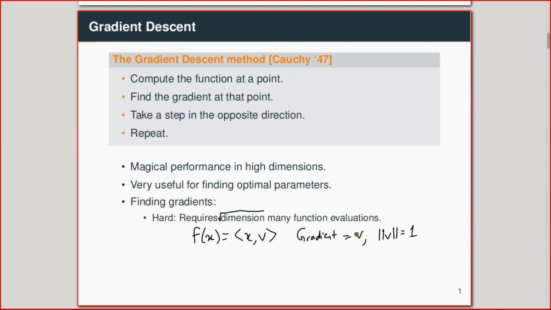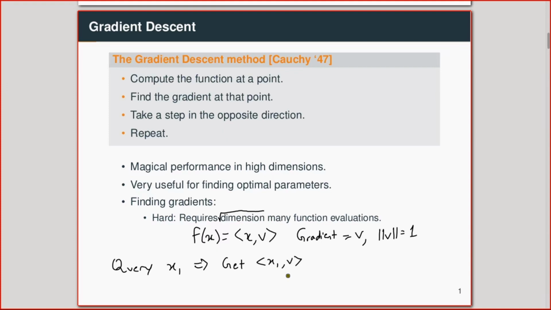Now, if you were actually computing the function, so say you queried at some point x1, you found the value of f of x1. What this implies is that you've received the value of x1 inner product v. So you haven't learned the gradient, but you've learned one component of the gradient along the direction of x1.